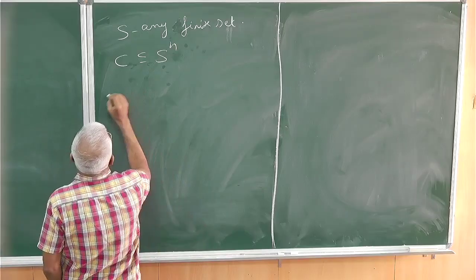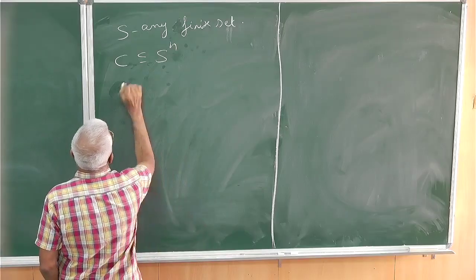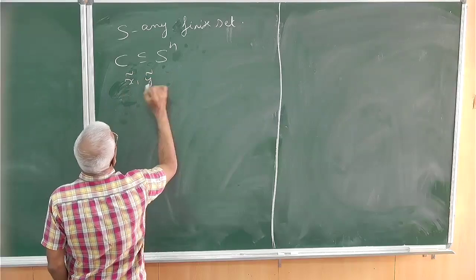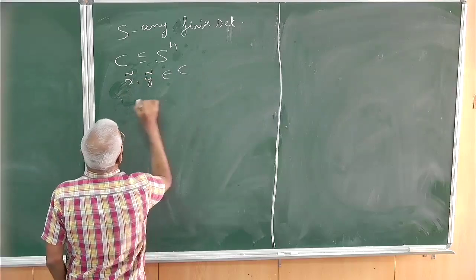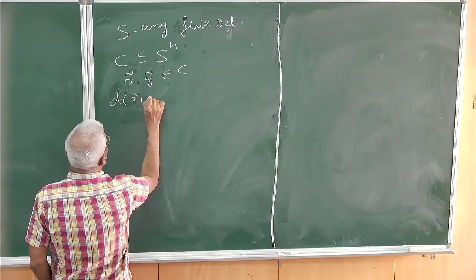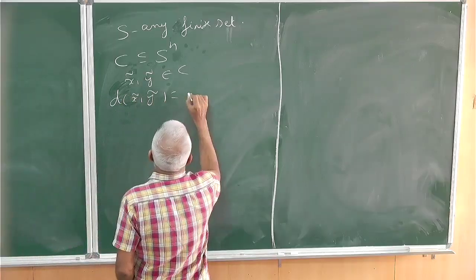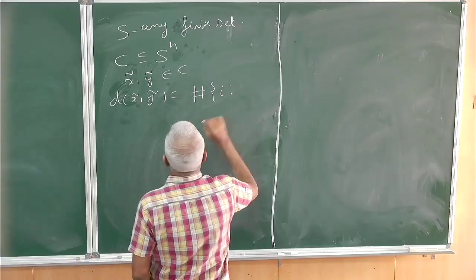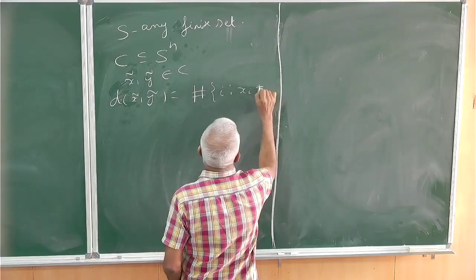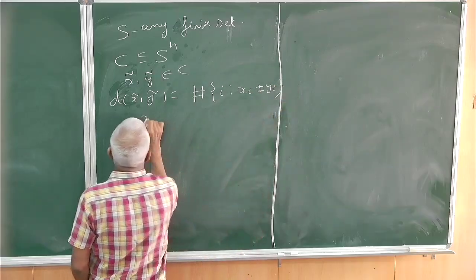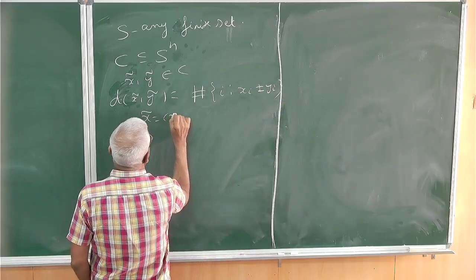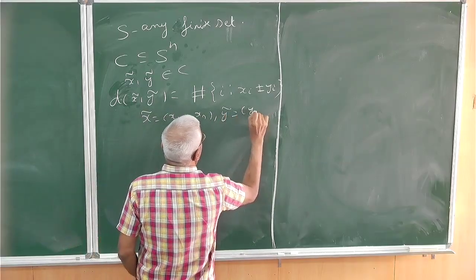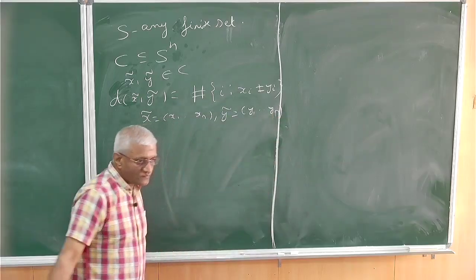We can define a metric on this. If we have x tilde and y tilde in C, then we define d(x tilde, y tilde) equal to the number of i such that x_i is not equal to y_i.